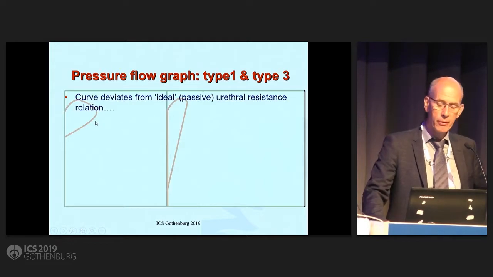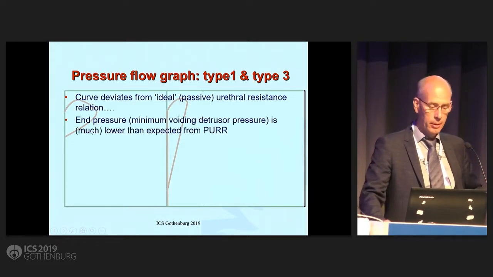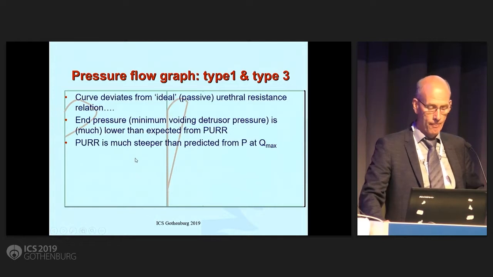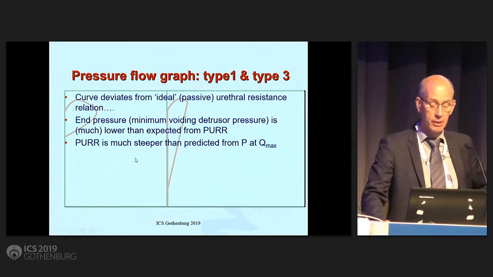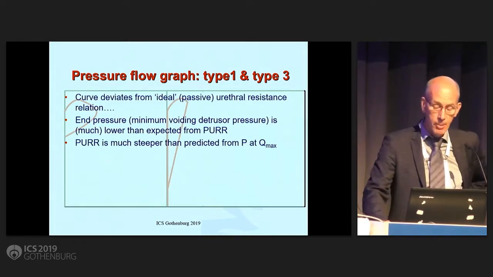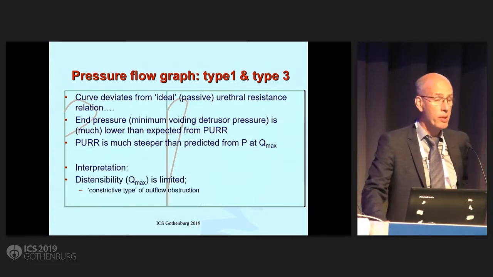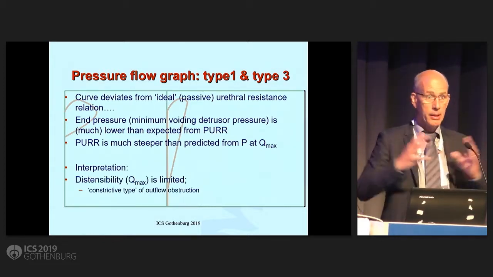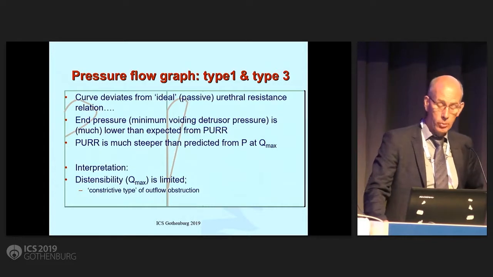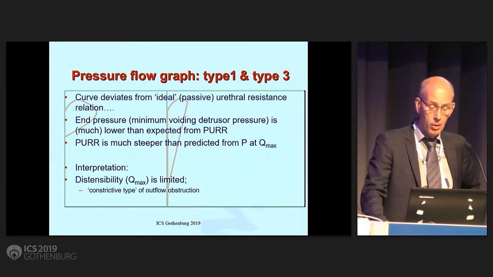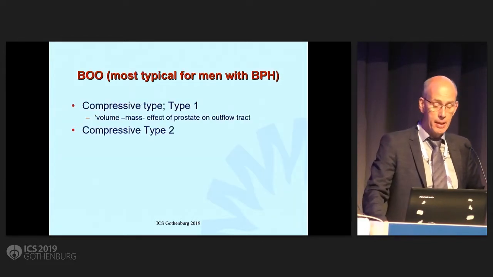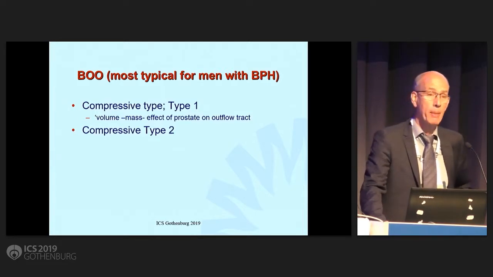The curve deviates so that the end pressure is much lower. So the passive urethral resistance relation is much steeper than expected, and the interpretation is that the distensibility of the outlet doesn't allow enough Qmax. So this is most typical for men with BPH.